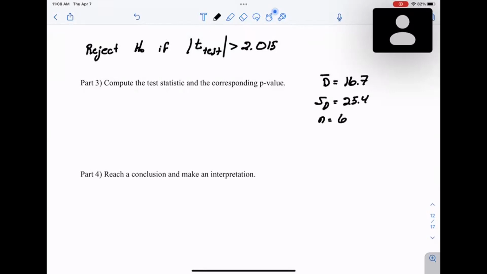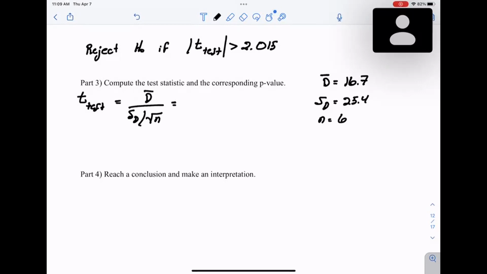Then using the formula, we have the test statistic t-test is equal to, not mu d, D bar, D bar divided by SD over the square root of N. So just plug them in.